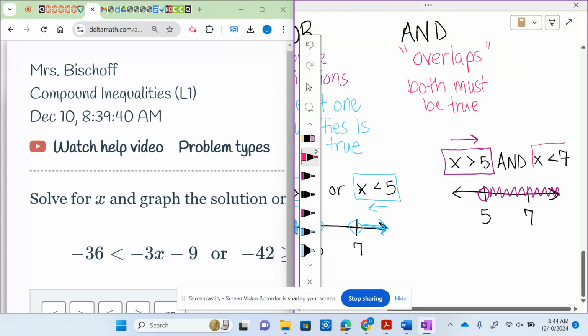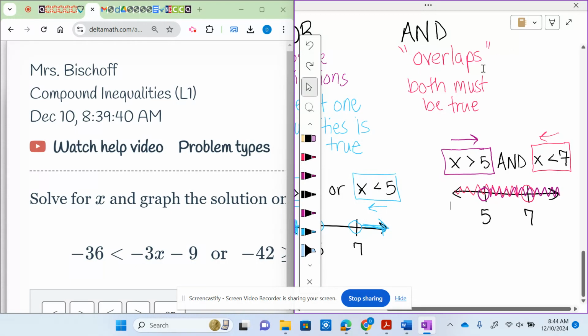What about x is less than 7? Is that going to be an open circle or a closed circle? Is there a bar underneath that? Open. What direction do I shade? To the left. So the solution to this inequality is the place where they do what?